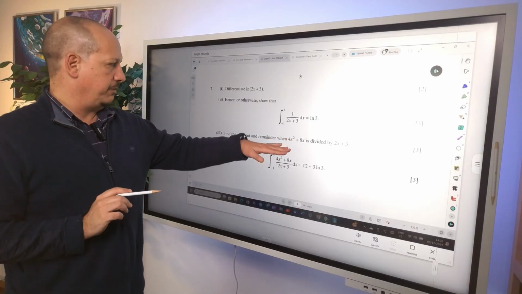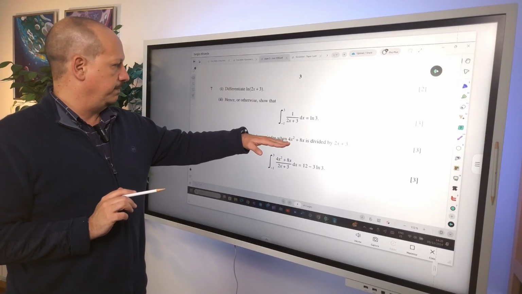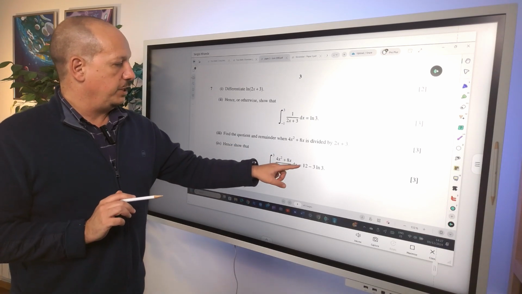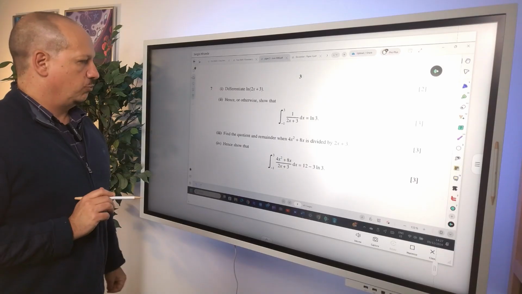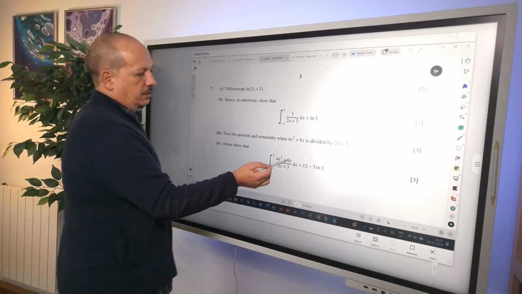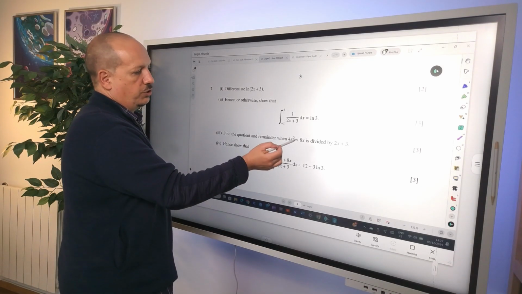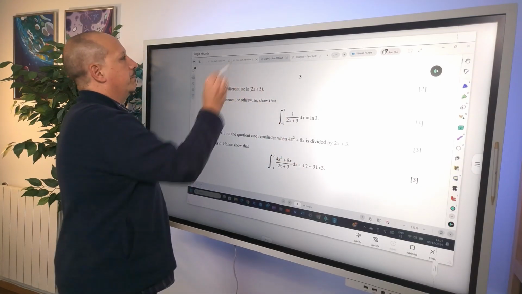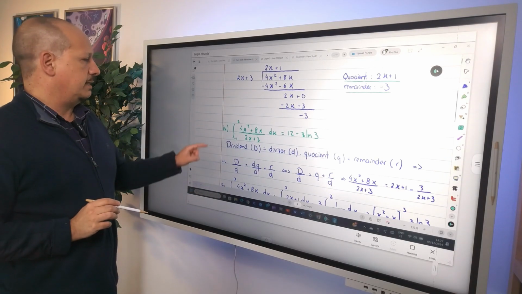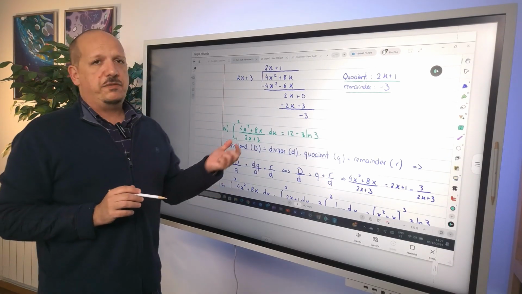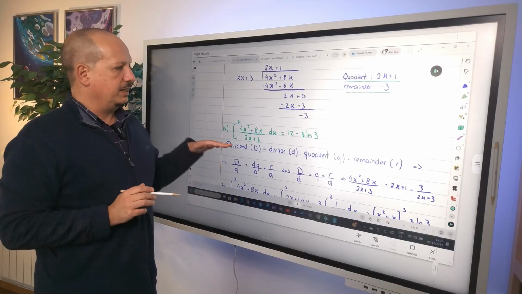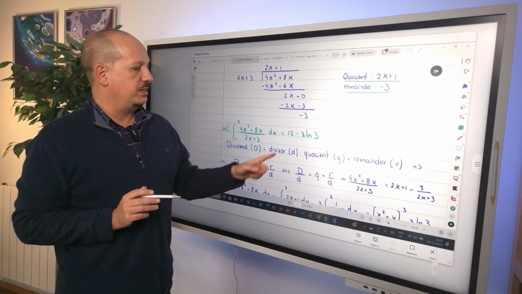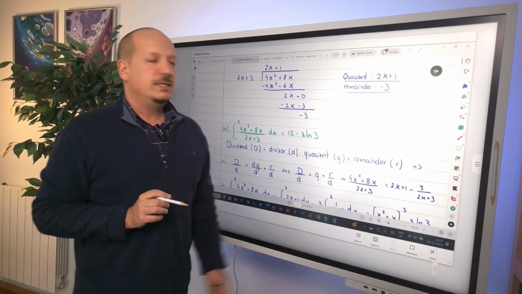Hence, with this information that you got in the previous question, show that this integral over here equals 12 minus 3 natural logarithm of 3. If you pay attention to this, this is what you already calculated on top. And you already know that the dividend, the divisor, the quotient, and the remainder all link together by this expression: the dividend equals the divisor times the quotient plus the remainder.